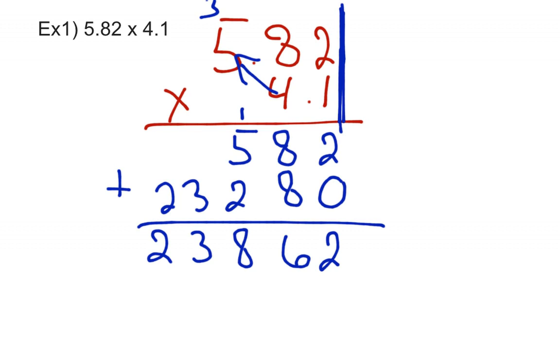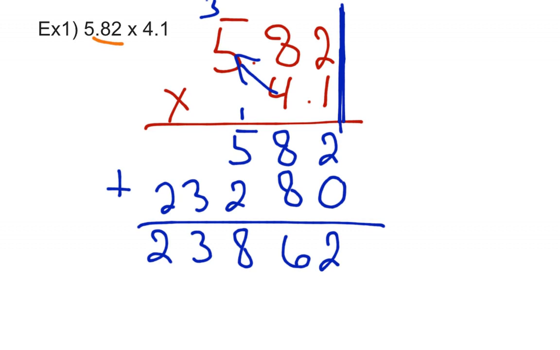Now the last thing that we have to look at here is how many decimal places. Since I didn't do anything with the decimal point at all in that area there. Okay, the only thing you do with the decimal point here is you have to go back to the original problem and find out how many decimal places there were. So when I look at the 5.82, I look at the 0.82.